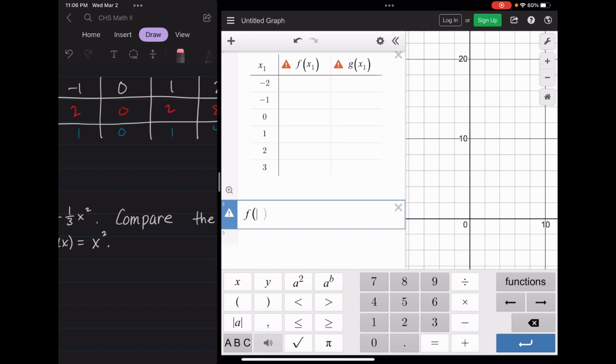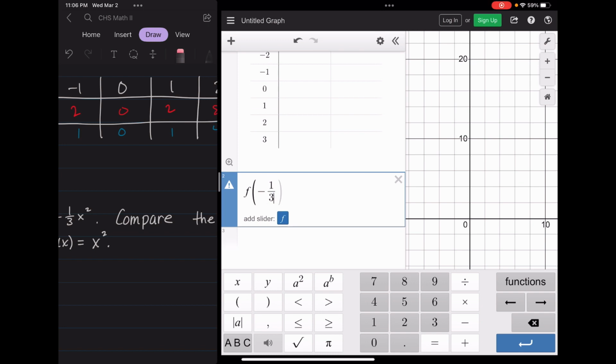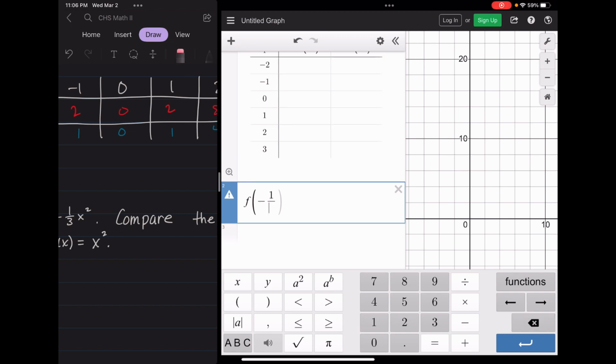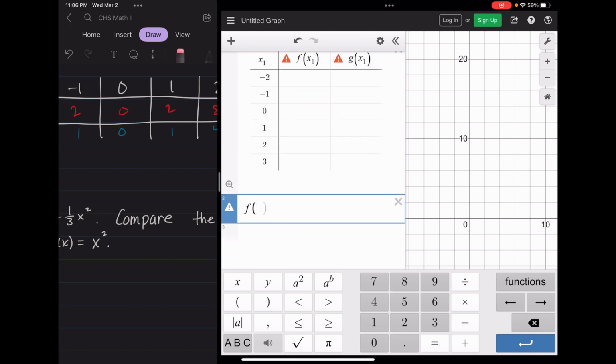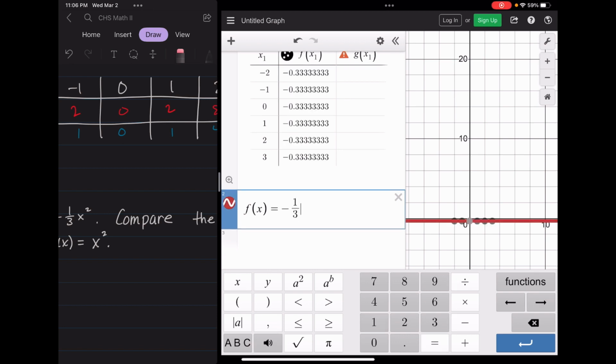So f of x equals negative 1/3. Oh, whoops. Let's try this again. I meant f of x, close parentheses, equals negative 1/3 x squared.